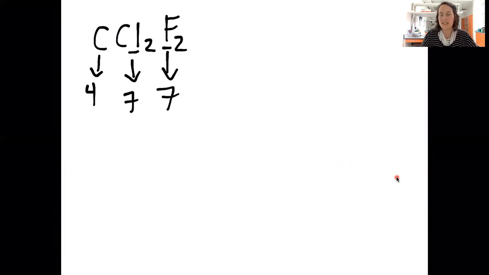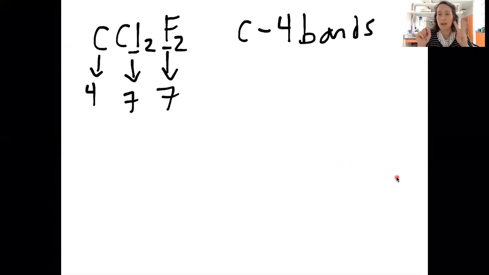And what are some of these common rules that I've already told you about some of these elements? Remember, carbon will always make 4 bonds. Now that doesn't mean it has to be 4 single bonds. It could be 1 triple bond and 1 single bond, because that would be a total of 4, right? 3 plus 1. It could be 2 double bonds, because 2 plus 2 is 4, right? But carbon will always make 4 bonds.